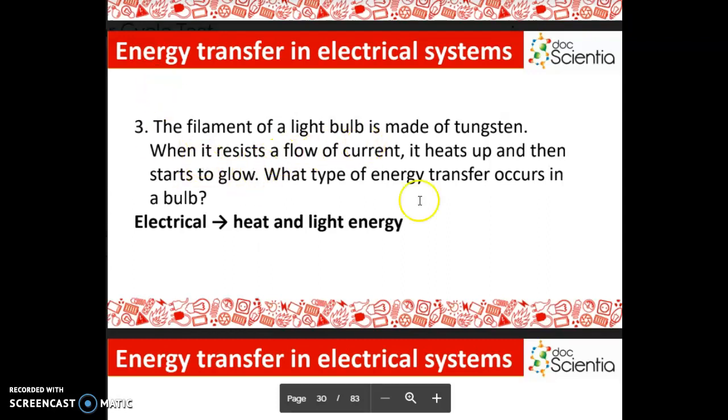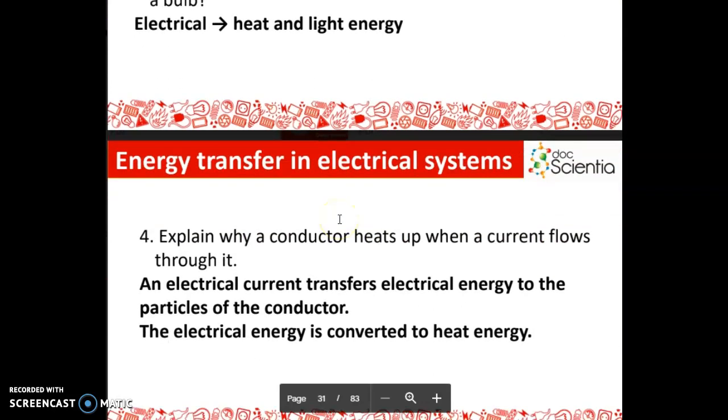When it resists the flow of current, it heats up and then starts to glow. What type of energy transfers occur in the bulb? So electrical energy turns into heat and light energy.